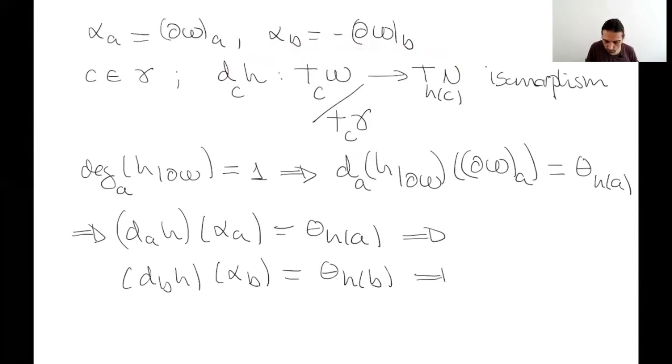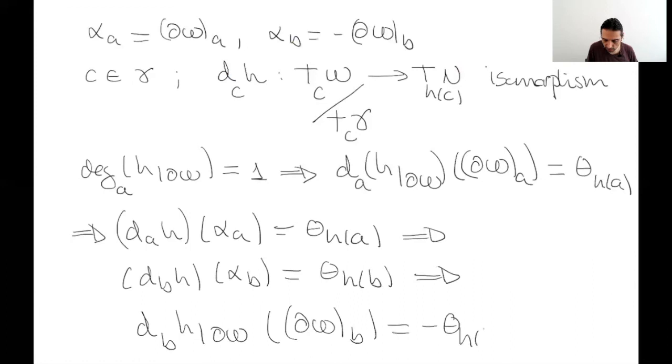So that's going to imply that the differential of the restriction of H to the boundary at the point B sends partial omega to minus theta of H(B). And in particular, that implies that the degree at the point B of the restriction of H to the boundary is equal to -1. So these degrees are opposite.